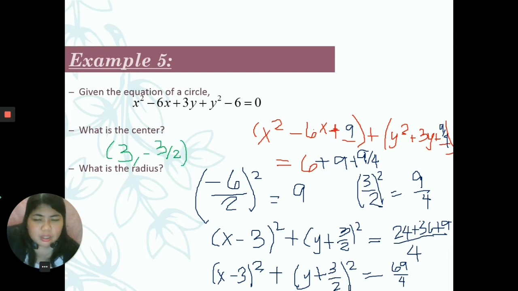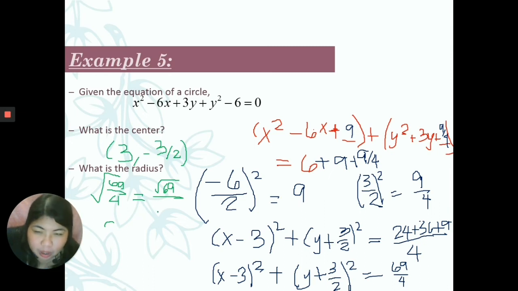And then for the radius, just get the square root of 69 over 4. I'm sorry, I have very bad handwriting. Get the square root of 69. 69 is not a perfect square, so just write square root of 69, no need to simplify it further. The square root of 4 is perfect, so that would be 2.